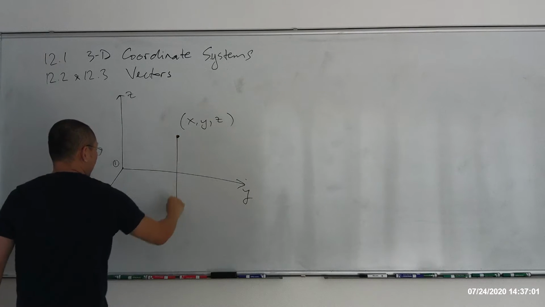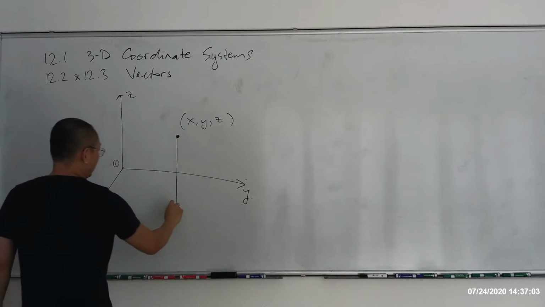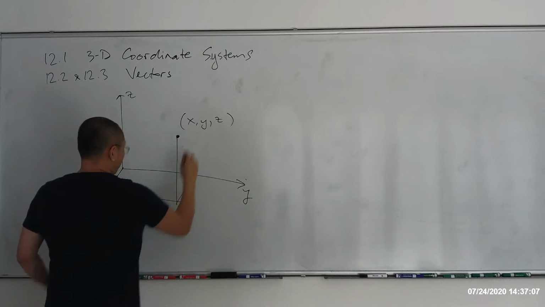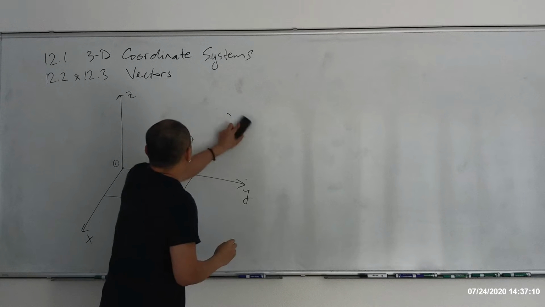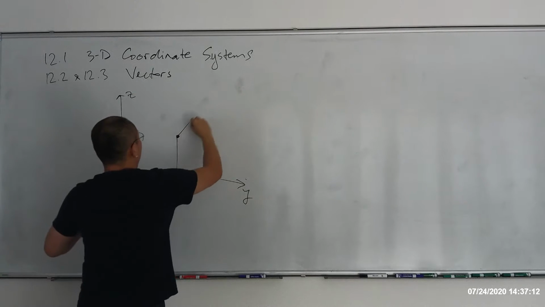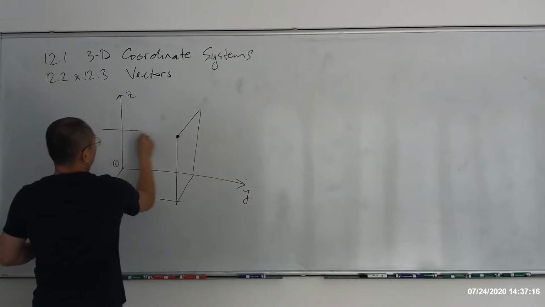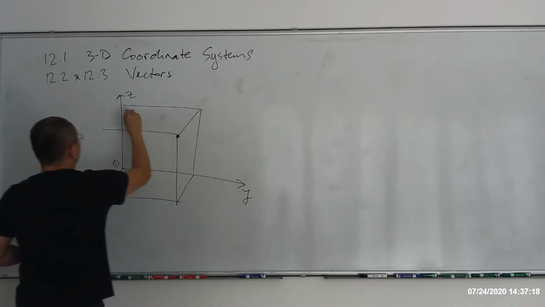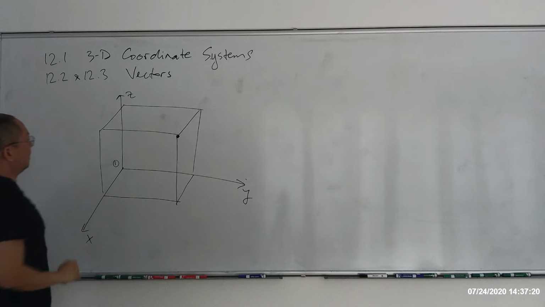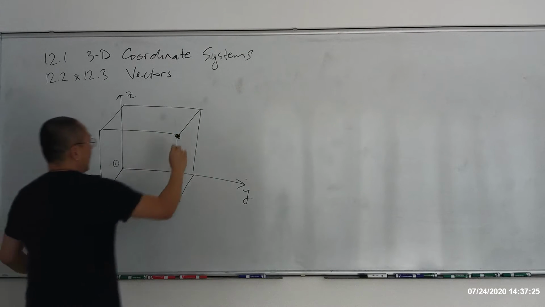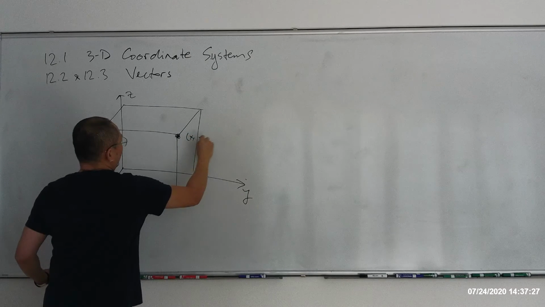To make it clearer, let me try to project it down to the plane. So this is the x-axis, y-axis. Let me erase that so I have room to draw. Okay, if that makes any sense to you. This is the point in space: x, y, and z.